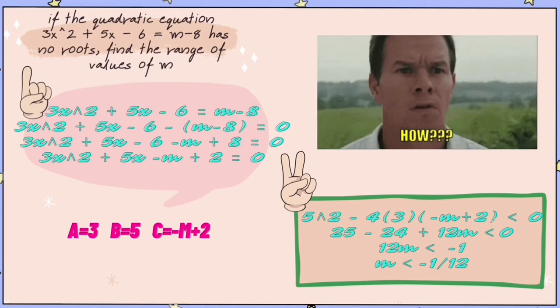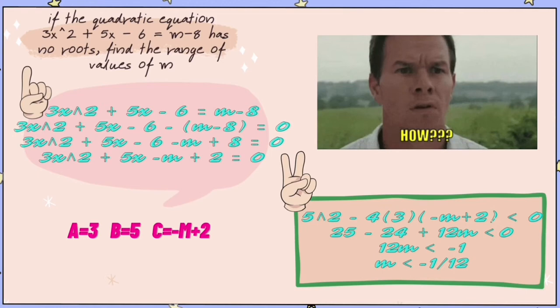Then we will use the formula b squared minus 4ac less than 0, as the question said the quadratic equation has no roots. The value of a is 3, b is 5, and c is 2 minus m. Next, we can insert the values of a, b, c in the formula.